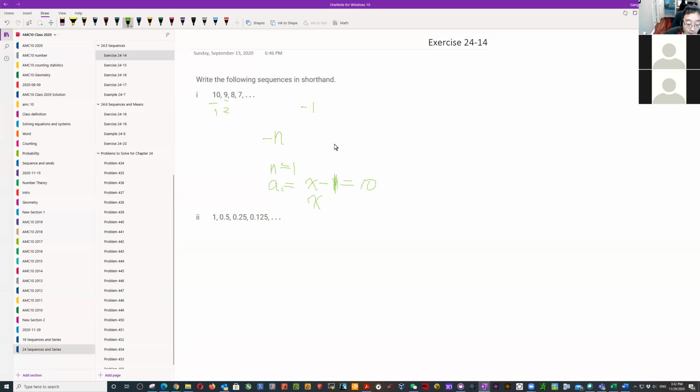So basically x will be 11. Given this information, I know that the closed form for this sequence is 11 minus n. And we can double check it. When n equals 1, that's going to be 10. n equals 2, that's going to be 9. So this actually works. So this is the sequence.